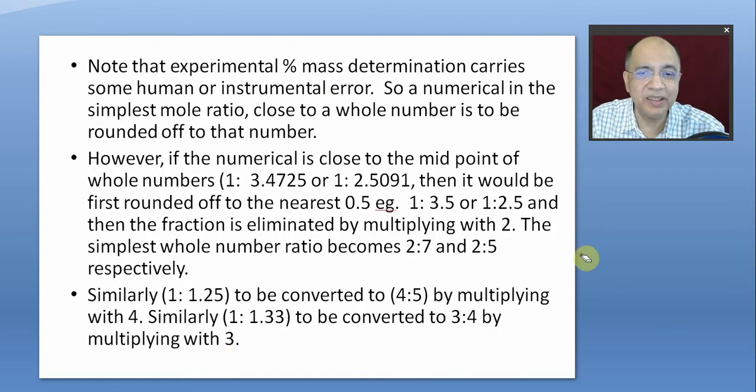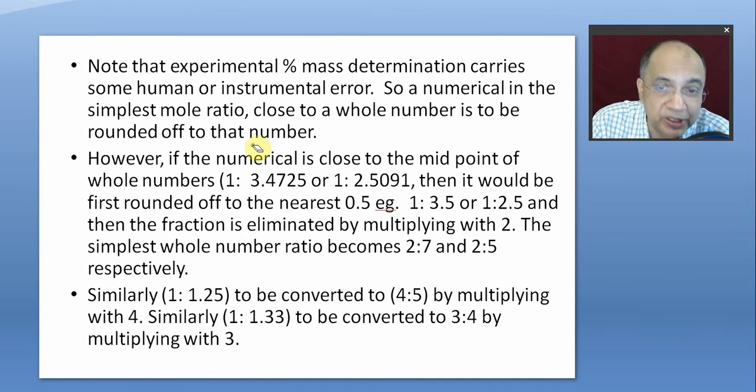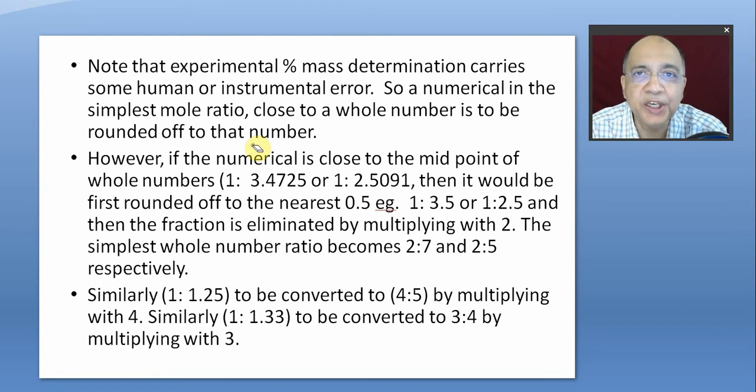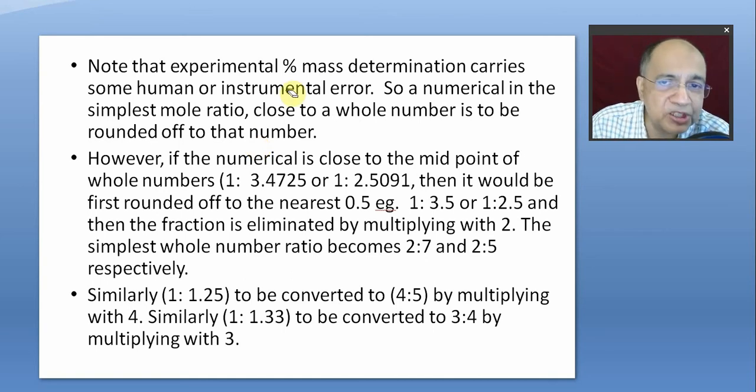Now see, let me read out. This is very, very important. In class 11, you are not supposed to make wild assumptions, wild rounding of the numbers to the nearest whole number. It will fetch you a wrong result. See what I am trying to impress. Note that experimental percentage mass determination carries some human or instrumental error. That is inevitable.